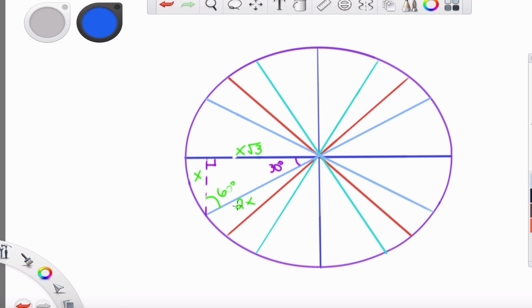We know once again that the hypotenuse is 1 because this is one radius of the circle. We have 2x equals 1. Solving for x, dividing both sides by 2, we find that x equals 1/2.